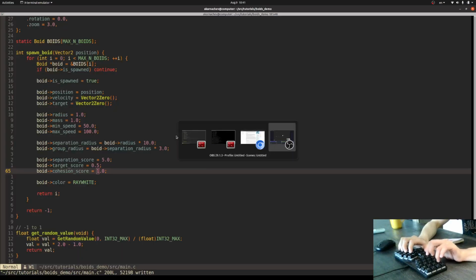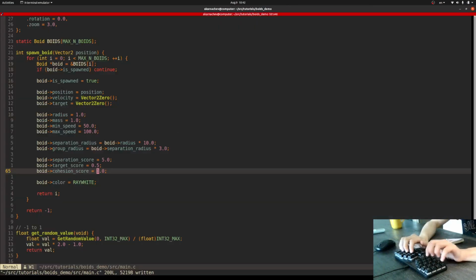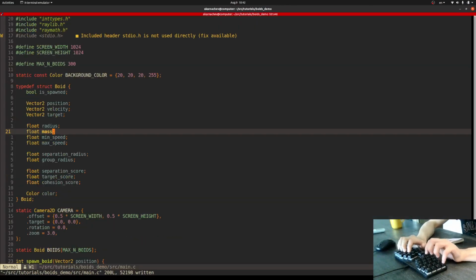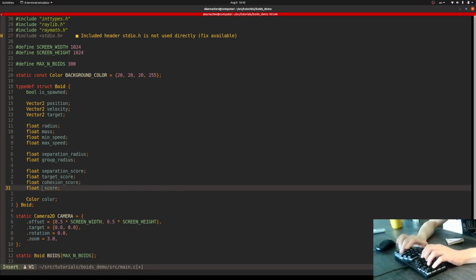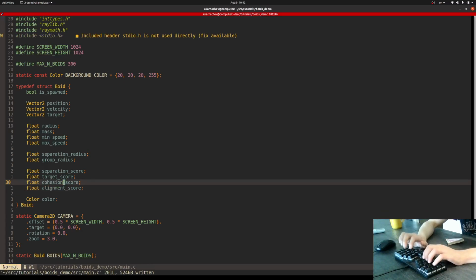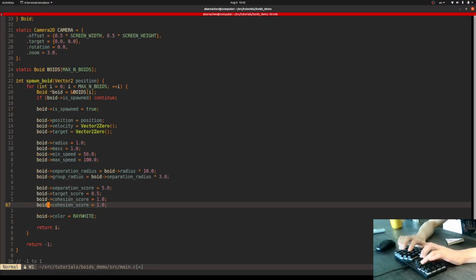So let's implement this stuff. The strategy is absolutely the same. Let's introduce alignment score. Let's set it to, for example, 1.